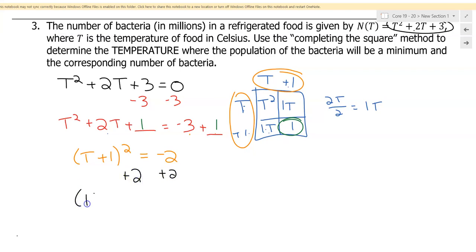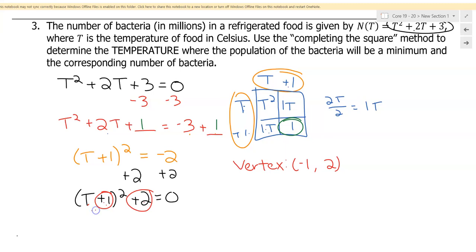And we have (t plus 1) squared plus 2 equals 0. Now that we have it like this, we're going to do the same thing we did in number 1 and 2. I'm going to pull out my vertex. And I get negative 1, right? Change the sign, don't change the sign.